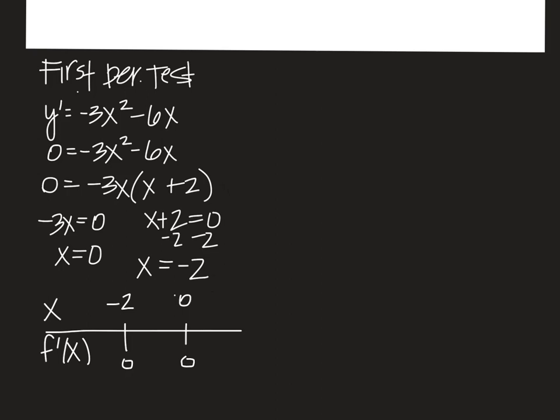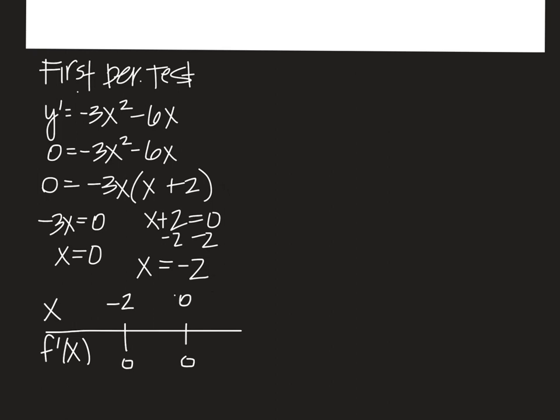So now my next step is to figure out what is happening before negative 2, between negative 2 and 0, and after 0. The way that we're going to do that is we're going to choose numerical values that are less than negative 2, between negative 2 and 0, and then greater than 0.